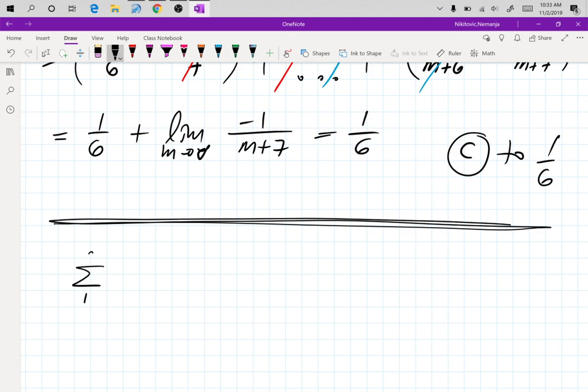Summation, start at 1, go to infinity. Let's go with ln n minus ln n plus 1.